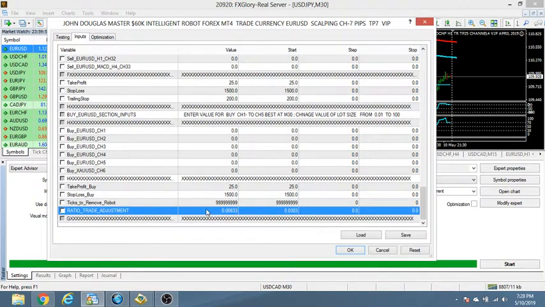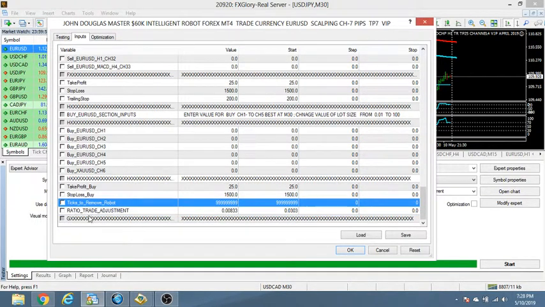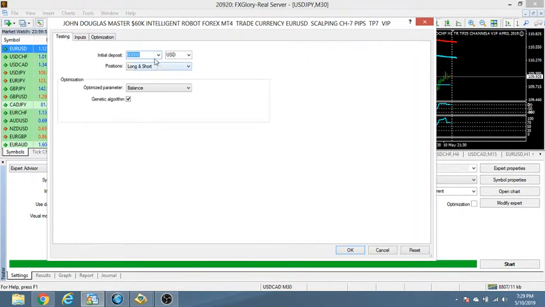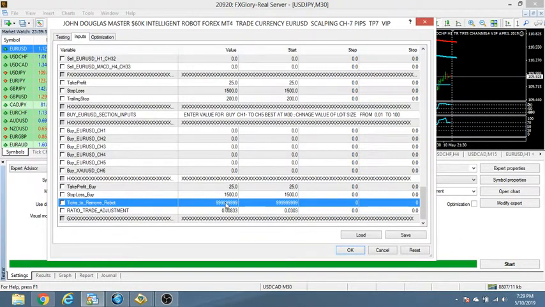This is very important, the ratio trade adjustment. If you adjust this one wrong, your account will fail. Now we want to start with 0.5. We take 500 divided by 60,000 here, and then we enter the fraction here, 0.00833. That's how we start 0.5.